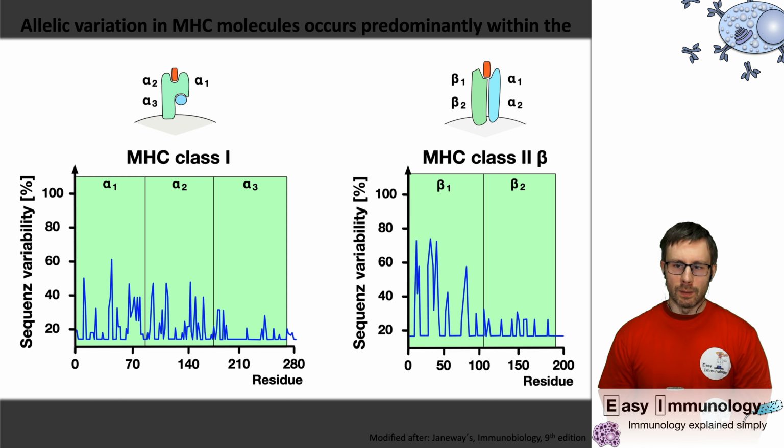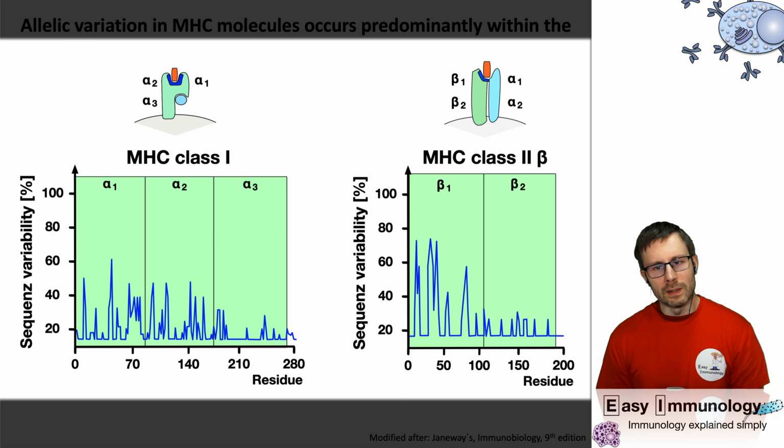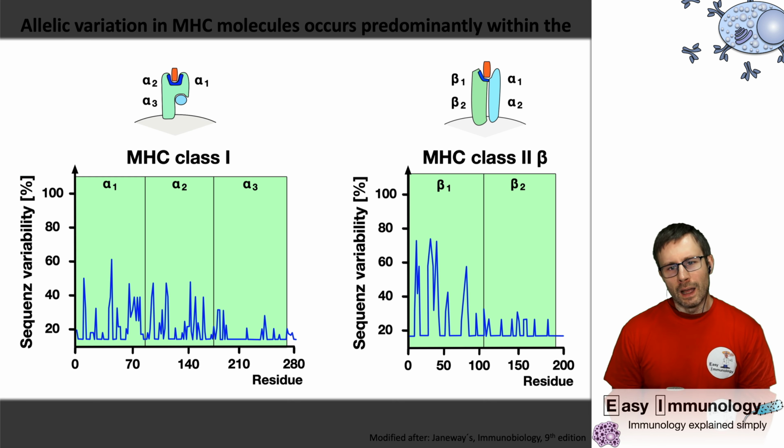You can see that the sequence variability is much, much higher for the beta 1 domain. And if we color the respective amino acids in blue that are very variable, you can see that these are exactly the amino acids that form the peptide binding groove. This makes a lot of sense, to have sequence variability in the regions that bind to the peptides and to keep the rest of the molecule more or less conserved. So this makes sure that it's able to form the correct three-dimensional structure.